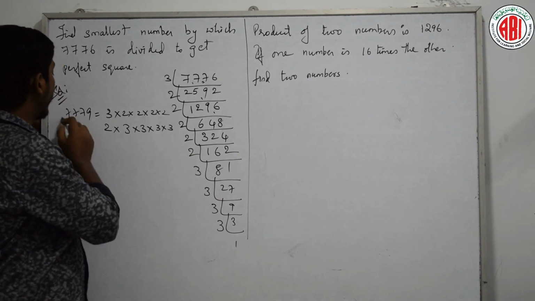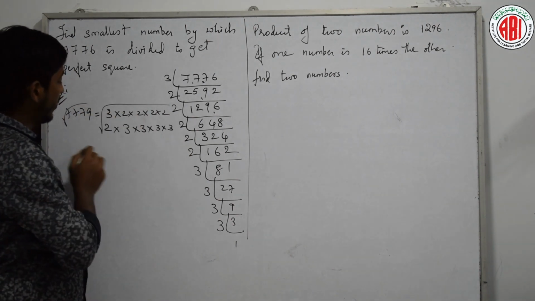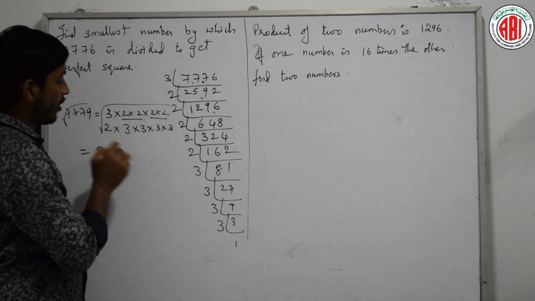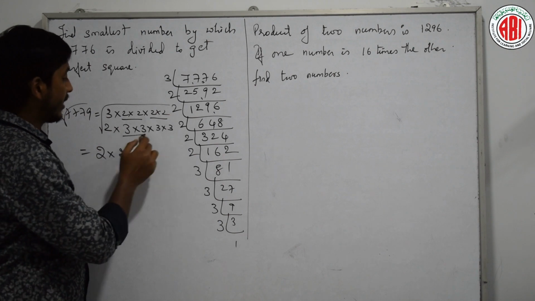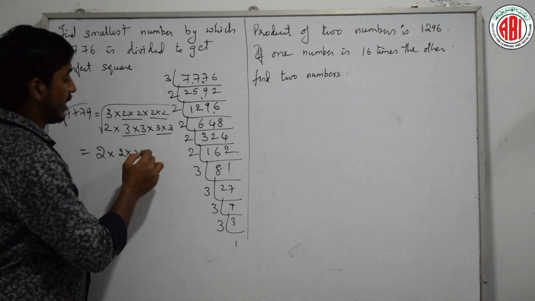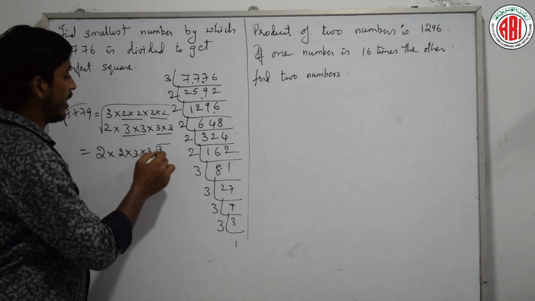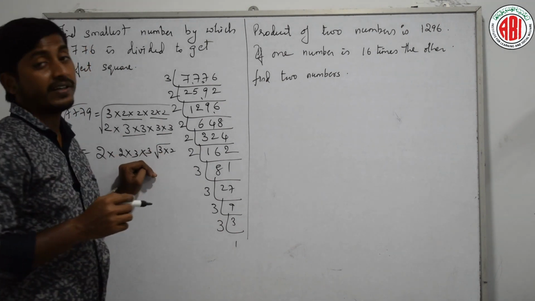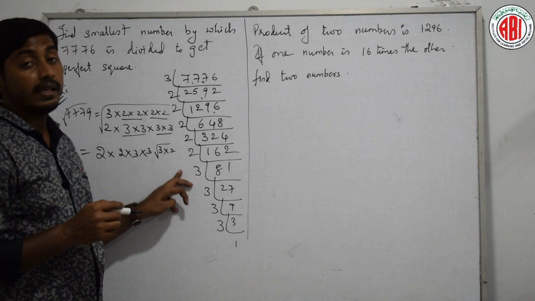Now if I want to find the square root of this, what do I get? For 2 2s I will get 2, for the next 2 2s I will get 2. For 2 3s I will get 3, and for the next 2 3s I will get 3. What is left inside? 3 into 2. In order to get a perfect square, I have to remove this 3 and 2.